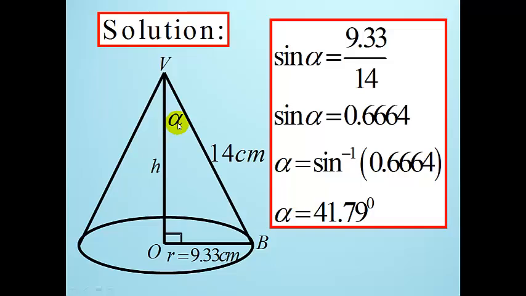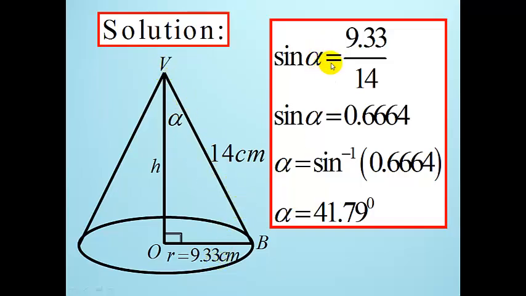So we can see that considering the right angle triangle VOB, we have the opposite and we have the hypotenuse. That means that we use the ratio sine, because sine is equal to opposite over hypotenuse. So the ratio you are going to use is dependent on the sides of the right angle triangle given. Now sine alpha is equal to opposite over hypotenuse, and the opposite to the angle alpha is 9.33, and the hypotenuse is 14.